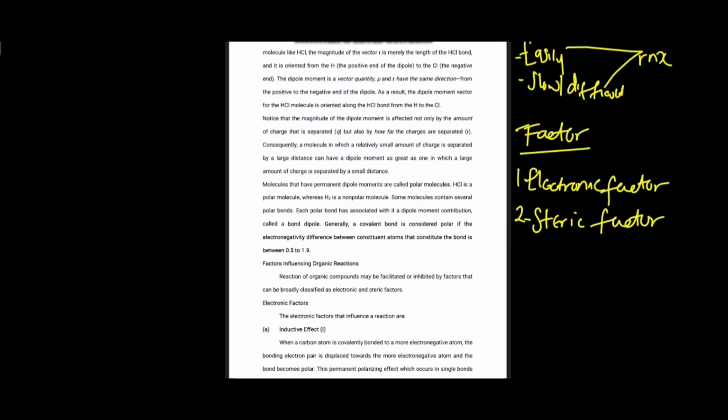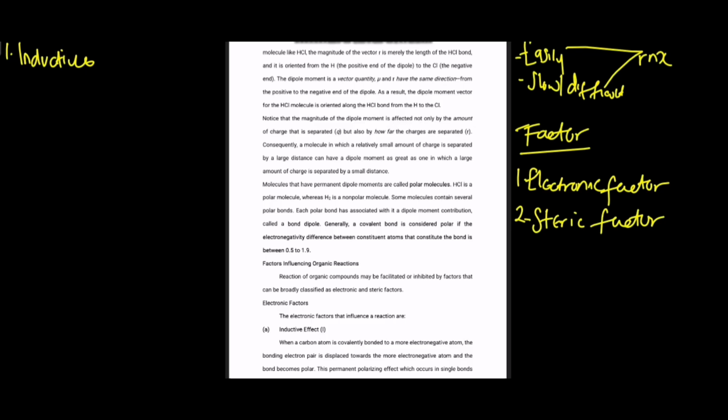Now from your outline, let's focus on the electronic factor. Let's move to one of the electronic factors which influence organic reactions, number one, the inductive effect.